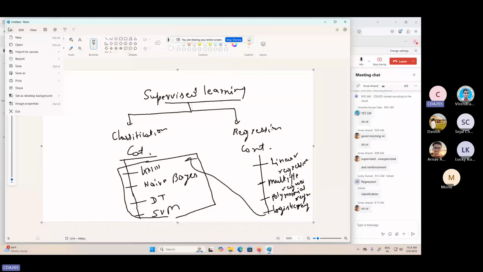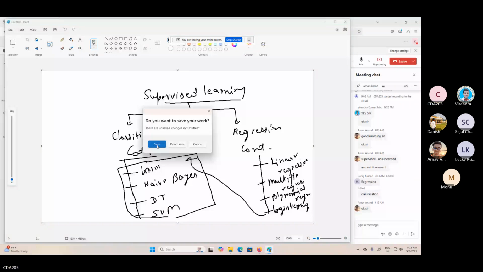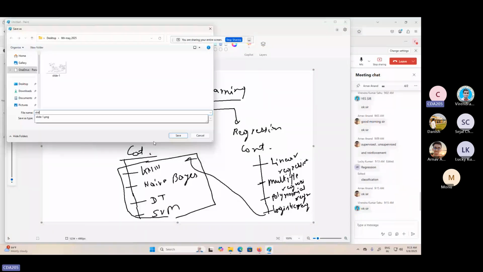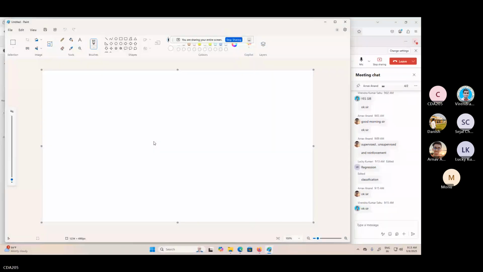Now we will see the KNN part. In the KNN part, what is the algorithm for KNN? Can anyone tell? What are the steps in KNN?